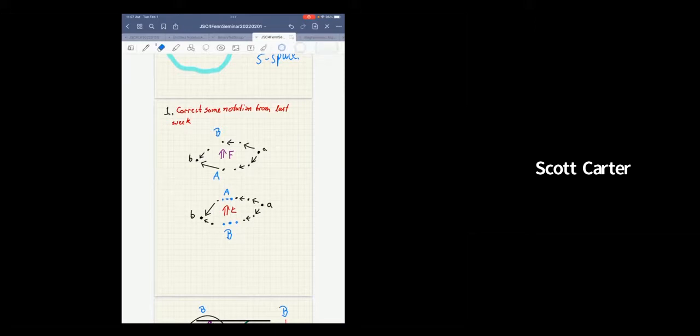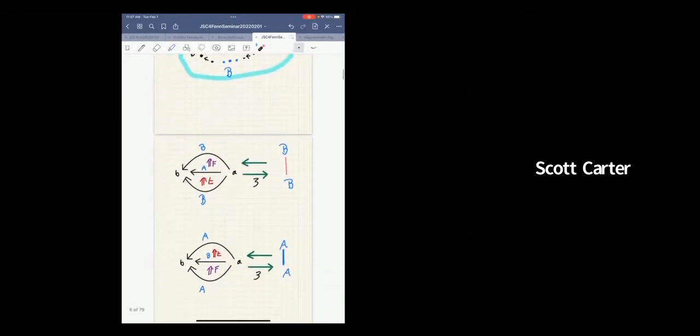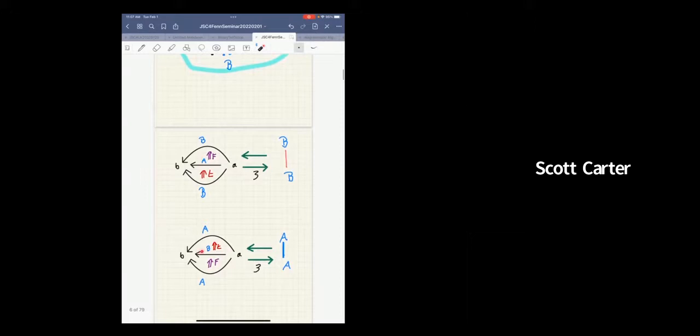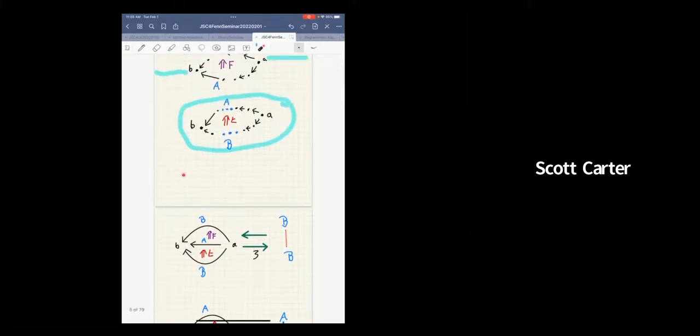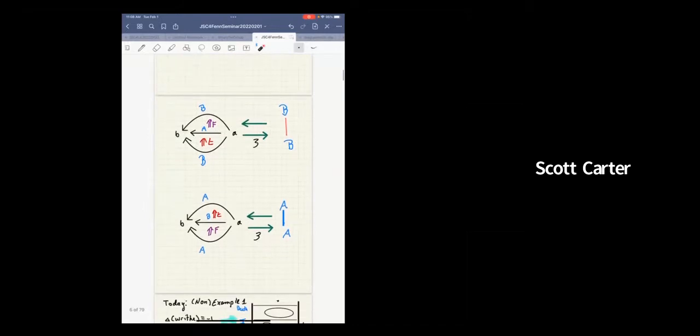And what I should have done is rotated this diagram around this axis, reflected it in the plane to get the diagram below, which then I can glue along either A or glue along B, and then compare the result to either the identity 2 arrow on B or the identity 2 arrow on A. And I had neglected to turn this diagram here upside down in my previous talk.